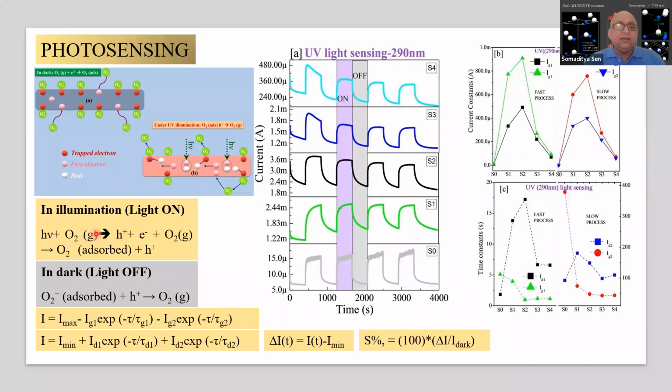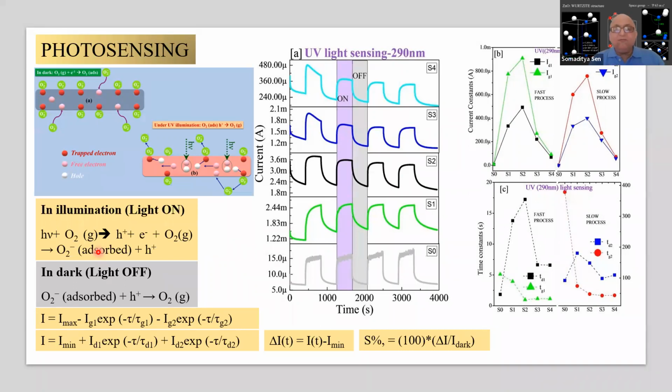So when the light interacts with the oxygen, it creates an electron hole pair, as I already said, and it transforms the gaseous oxygen to a radical, which is called the adsorbed oxygen radical, and that has a negative charge. And then this adsorbed oxygen, due to this negative charge, gets stuck to the surface of the zinc oxide because it has a hole there. Okay, so it gets attracted and it gets stuck.